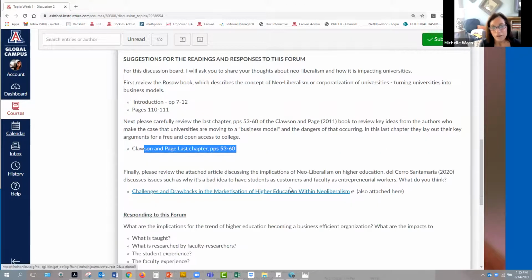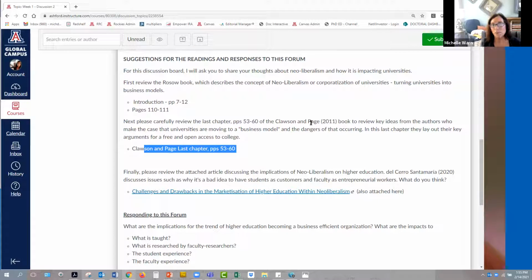And I've got a really good link for you that you can read, and it talks about what we mean by neoliberalism. Essentially, it means turning the university into a corporate model. So a for-profit or money-making machine, basically.